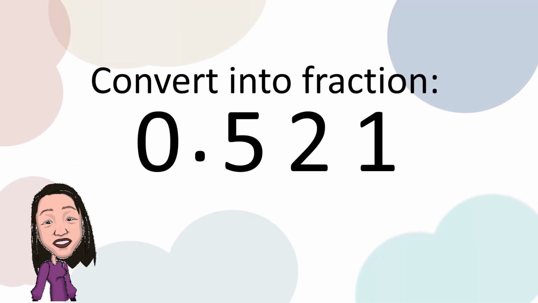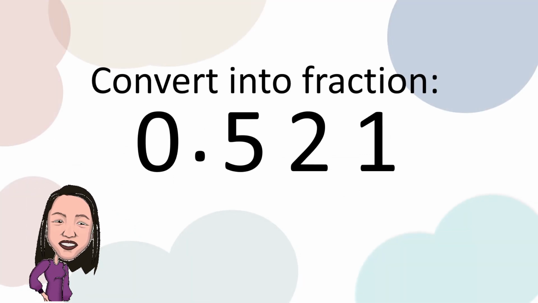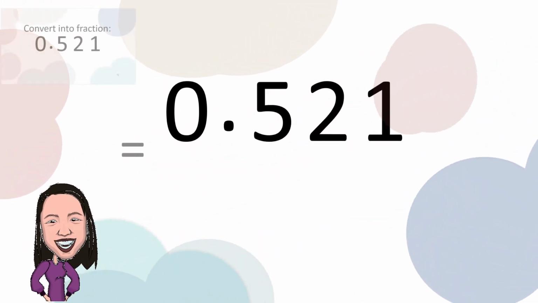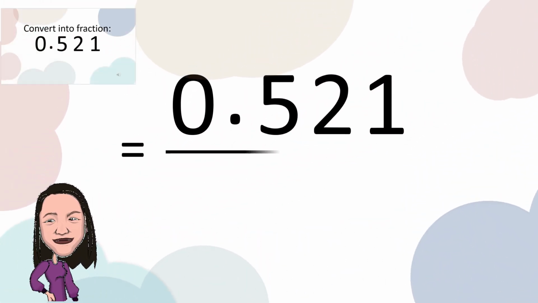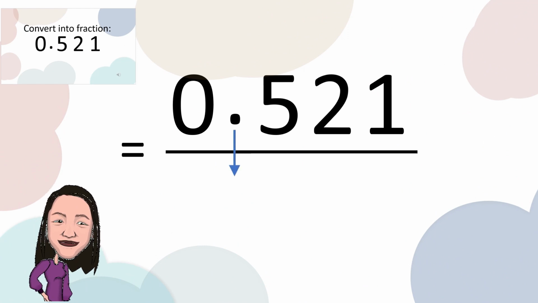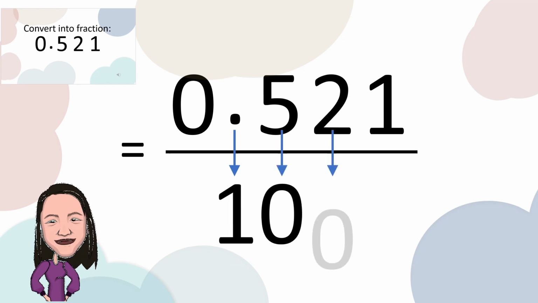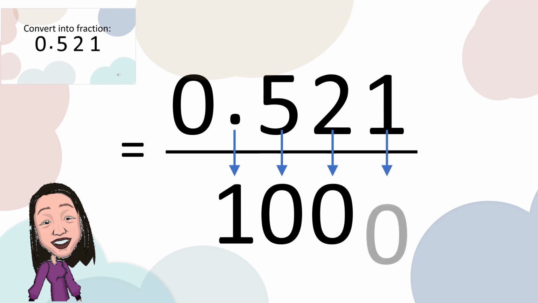Let's take another decimal, 0.521. How do you convert it into a fraction? The rule remains the same. For denominator, put a 1 below the decimal, a 0 below each of the 3 numbers after the decimal. You have the denominator as 1000.